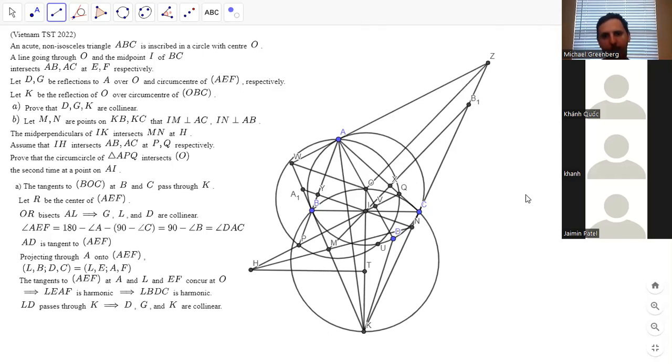So I'm going to use the point A1 now. So we have IA1 and OW are parallel because they are perpendicular to AB. So we have KA1 over KW equals KI over KO, which is equal to KB1 over KZ. So A1B1 must be parallel to WZ.